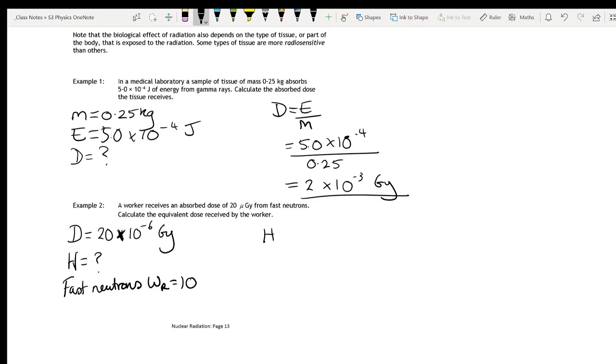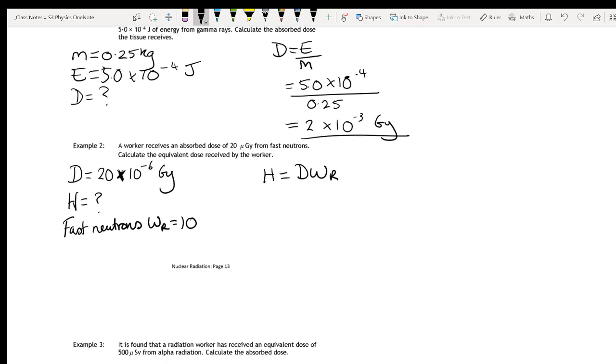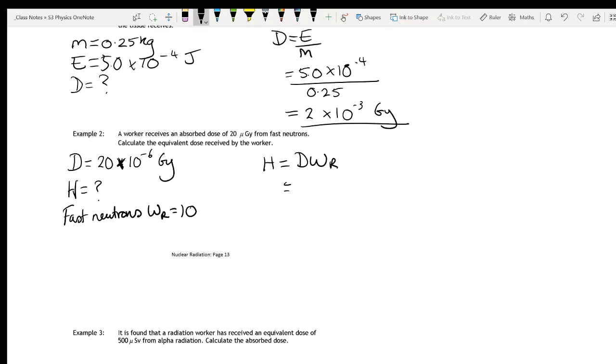So the equivalent dose is the absorbed dose times by the radiation weighting factor. So 20 times 10 to the minus 6 times by 10. This is good practice putting standard form into your calculator.